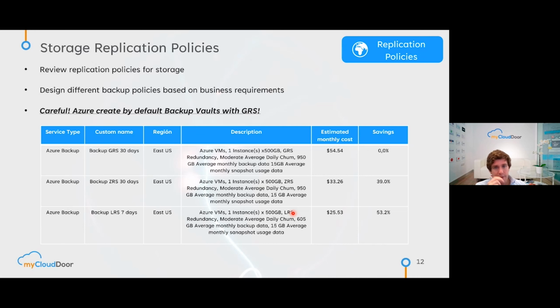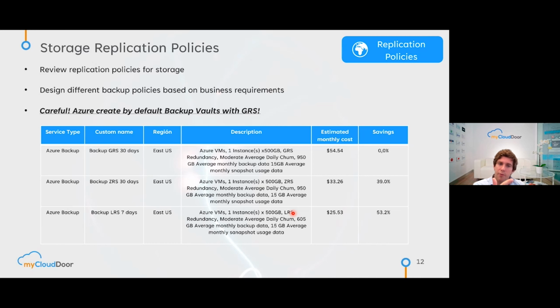Then something which is very important and you need to calculate is the storage replication policies. It affects both backup, which is very sensitive and the cost can be extremely important, and second, also disks or some databases and some storage. So at the end, in Azure, you may have different backup policies, what is called your replication storage.